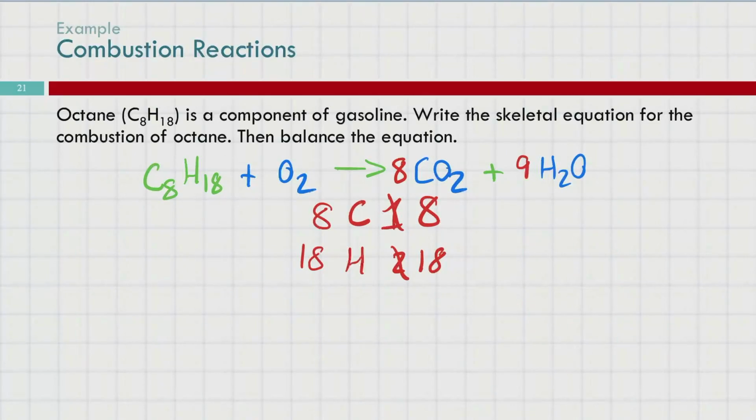And then our third and final thing to balance is our oxygen. We've got 2 oxygens on the reactant side in our O2. We've got 8 times 2 for 16, plus 9 on the product side for a whopping total of 25 oxygens on the product side.